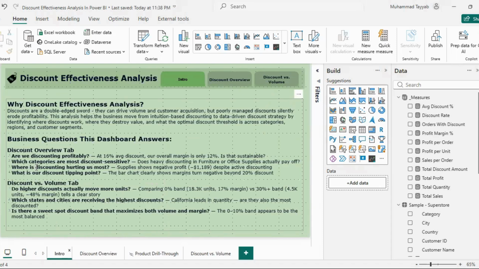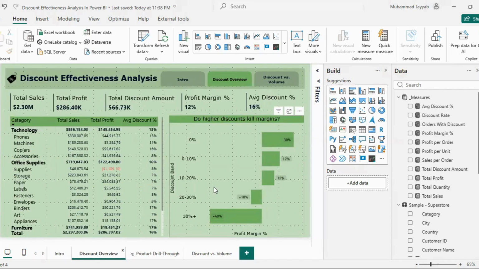So next, our business question is, where is discount hurting us most? Let's look at that. If you look at this bar chart, this is my favorite on this page, and it directly answers the most important question. Look at the profit margin by discount band: 0%, then 0 to 10, and so on.